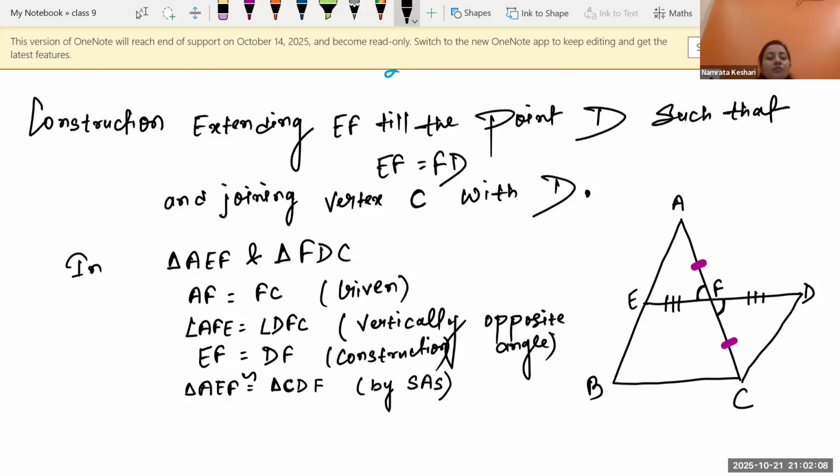Now we need to prove parallel, EF and BC. So from here CPCT is going to help you. You will be able to say that, which implies that angle A is equal to angle C.